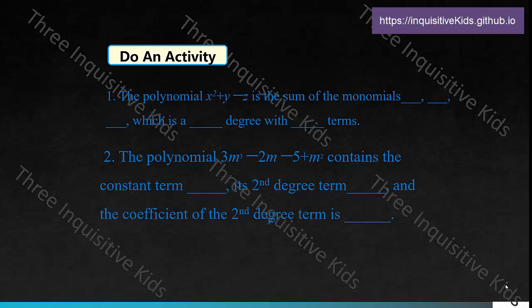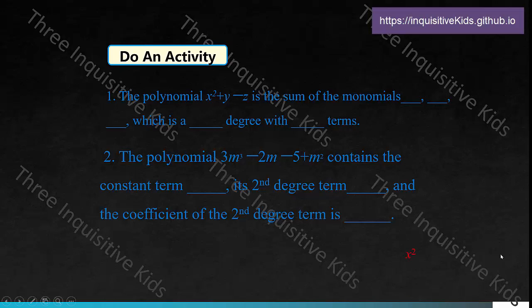The polynomial 3m cubed minus 2m minus 5 plus m squared contains the constant term blank, its second degree term blank, and the coefficient of the second degree term is blank. So pause the video and fill in these blanks by yourself and then unpause to check your work.